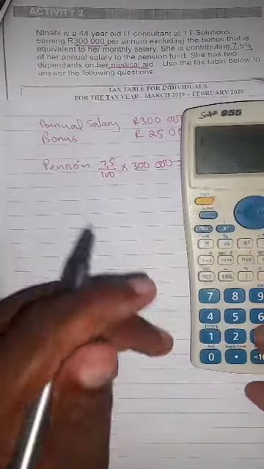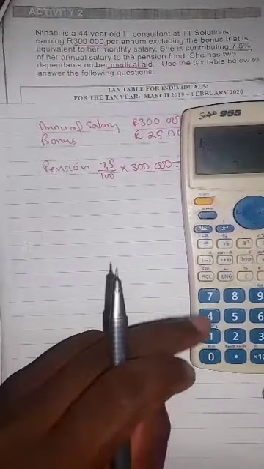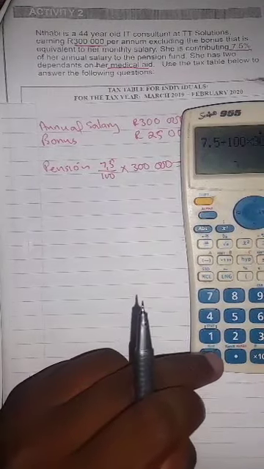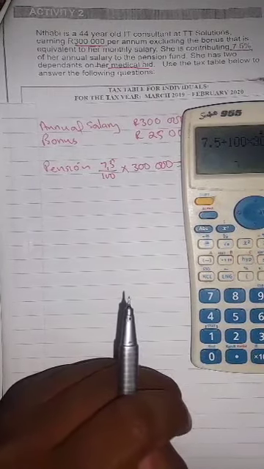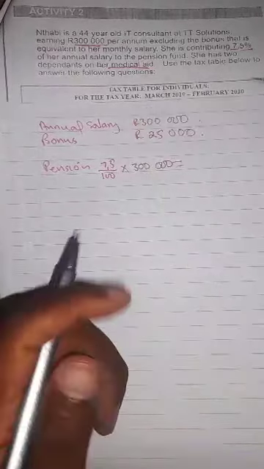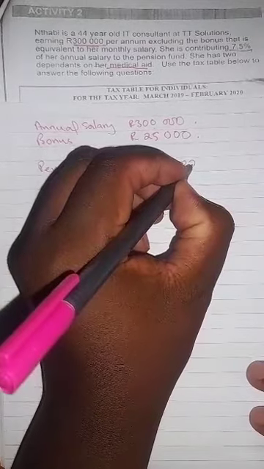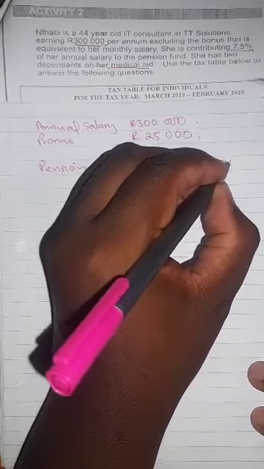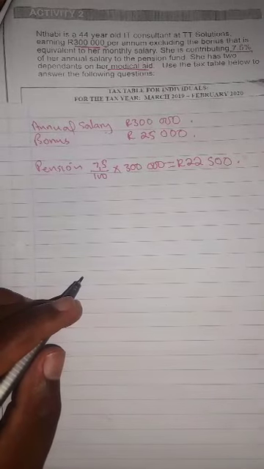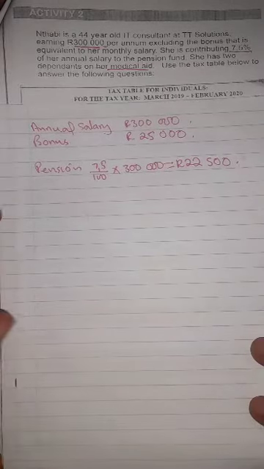So 7.5 divided by 100 times 300,000. This is 22,500 Rand. This is the pension. Right now we're just trying to understand the context, all that is given in the question.